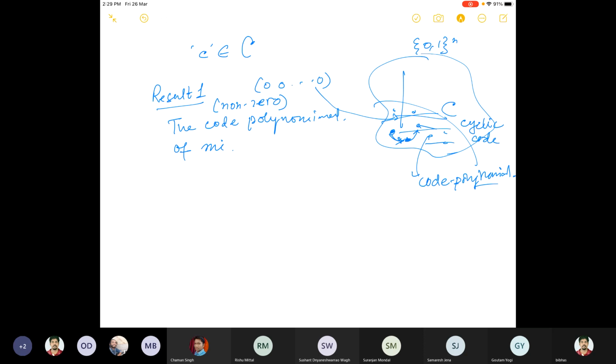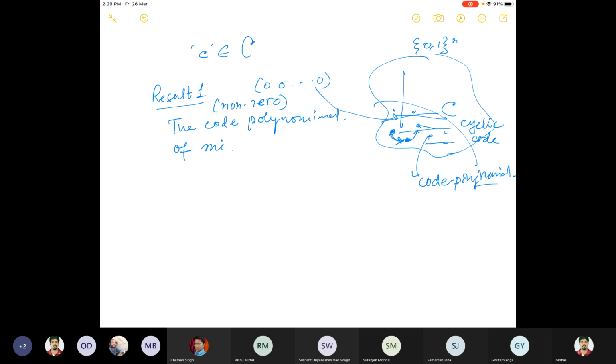But if it is a cyclic code, we'll prove that there can be only one code polynomial which will have minimum degree. That means there cannot be two such polynomials which have the same degree, which is the minimum one.